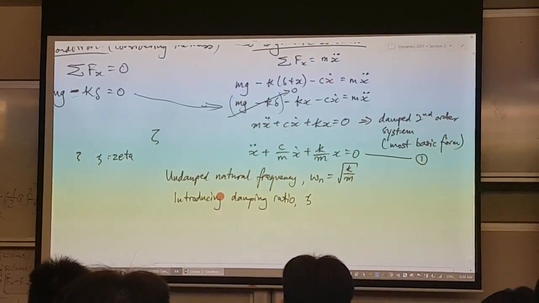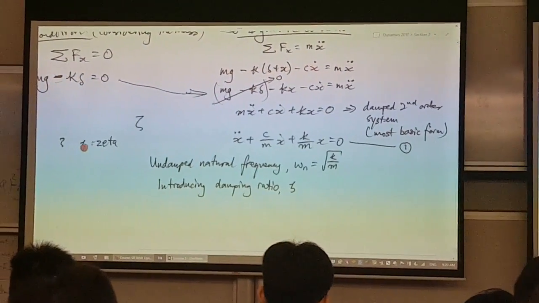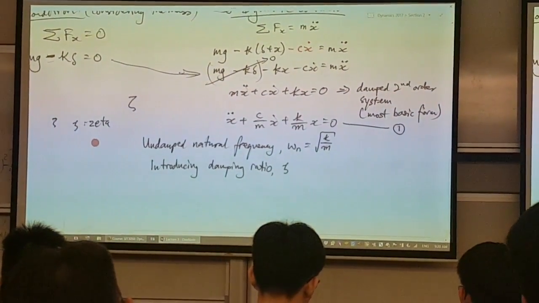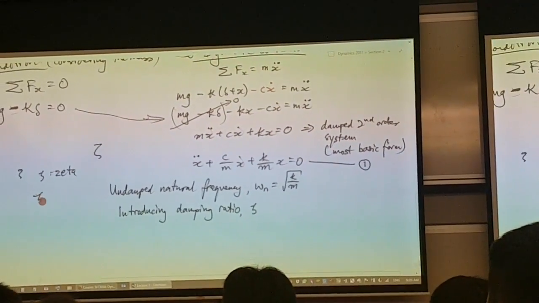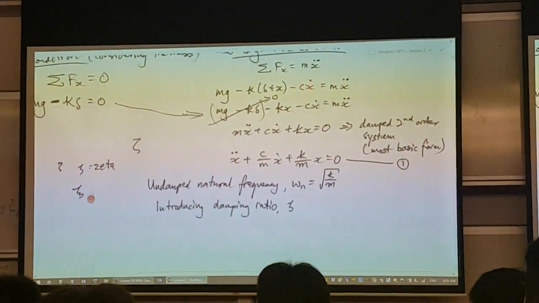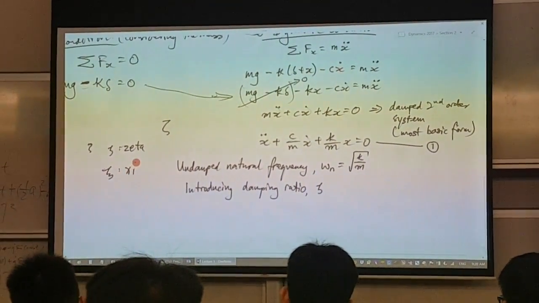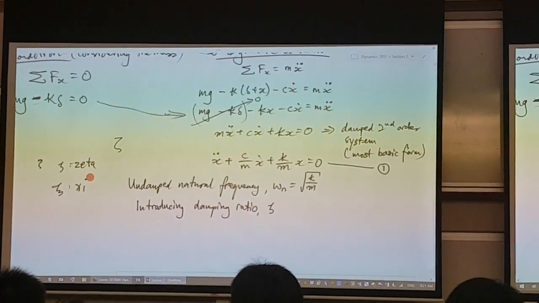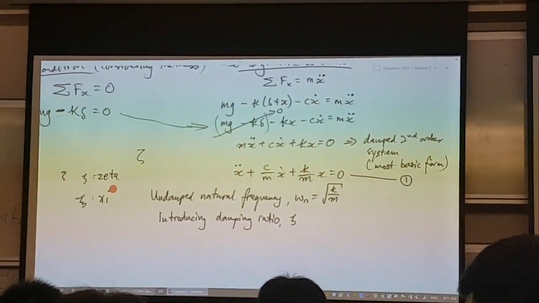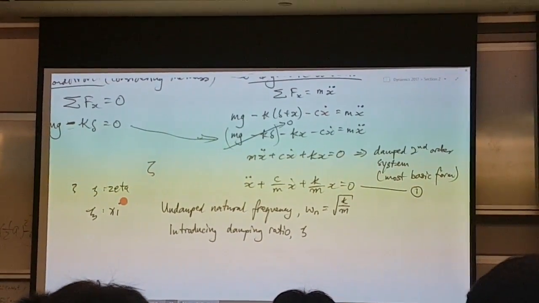Zeta. So in handwritten form, I just write it in that way. Do not mix this up with another similar looking symbol. That one, what is it? That's psi, in Greek.